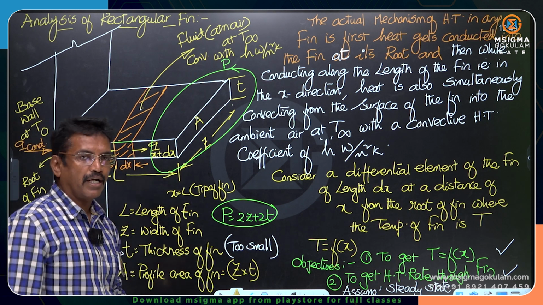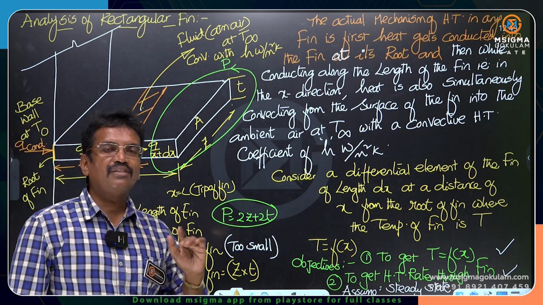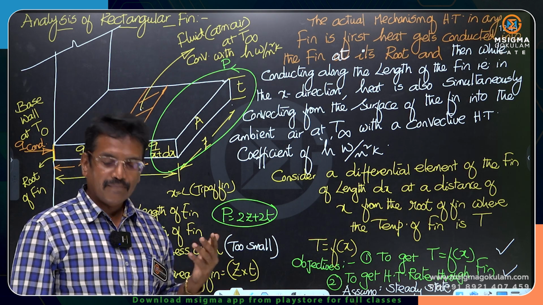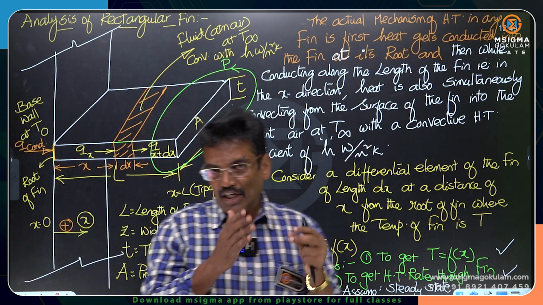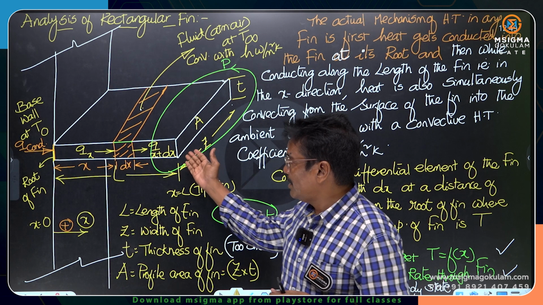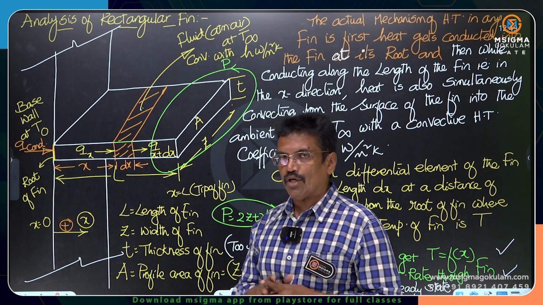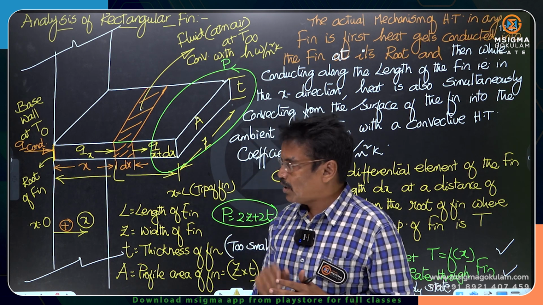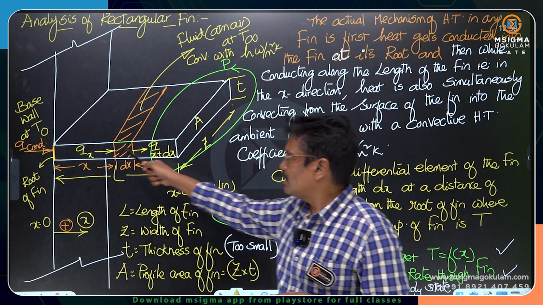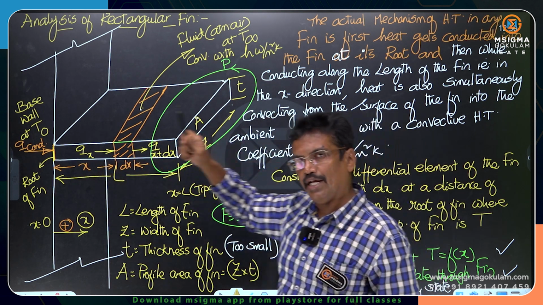The second boundary condition depends upon three different cases. Generally, for each case, the second boundary condition will be different. In fins, we come across three usual cases. The first case is a very, very long fin, infinitely long fin.